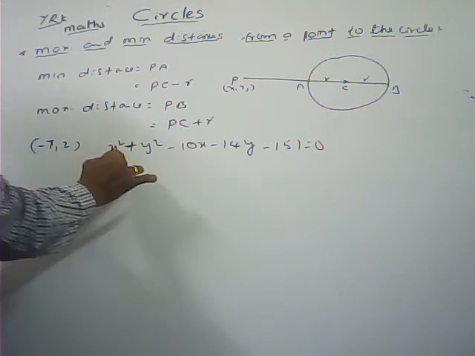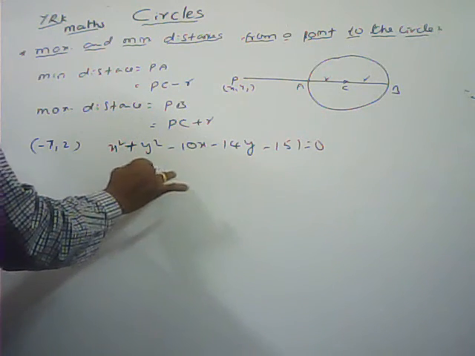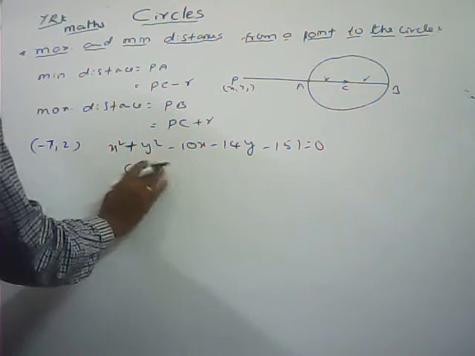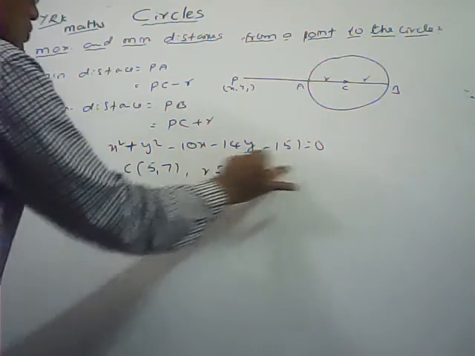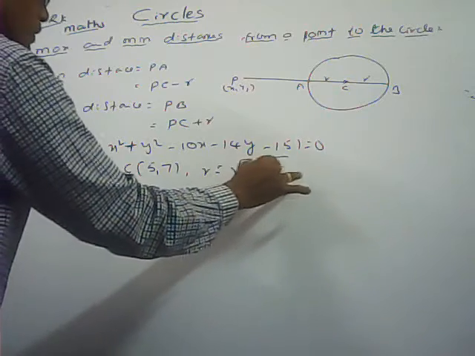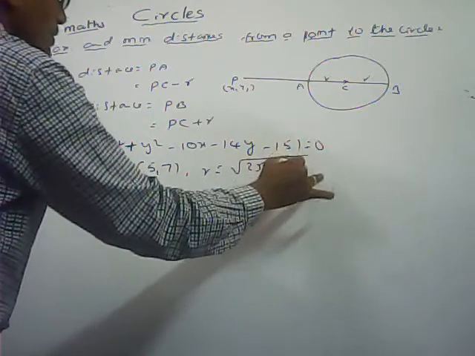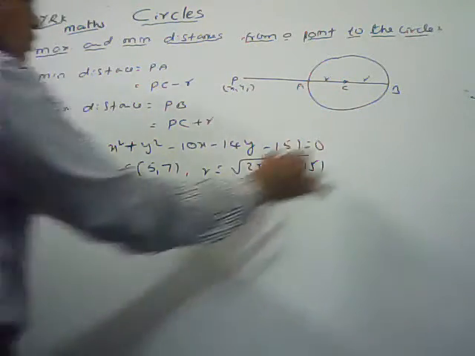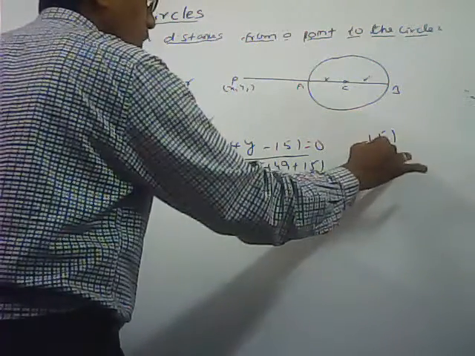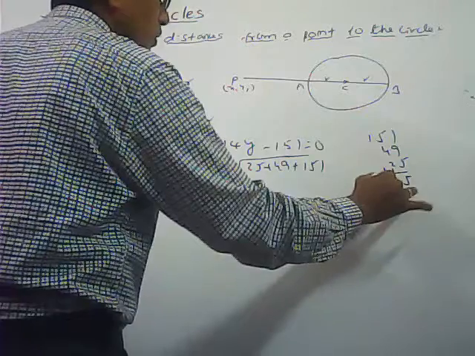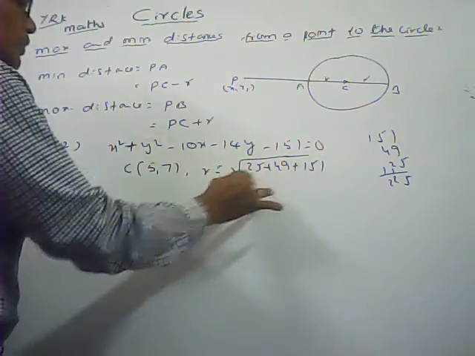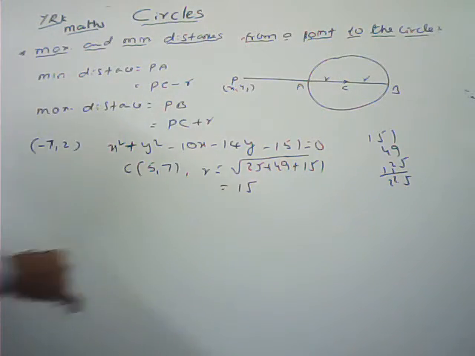Now here, the center is 5 comma 7 and the radius is equal to root of 25 plus 49 minus c, plus 151. 25 plus 49 plus 151 is 225. Square root of 225, that is 15 only.